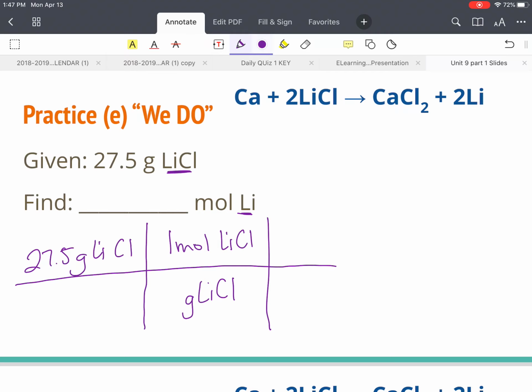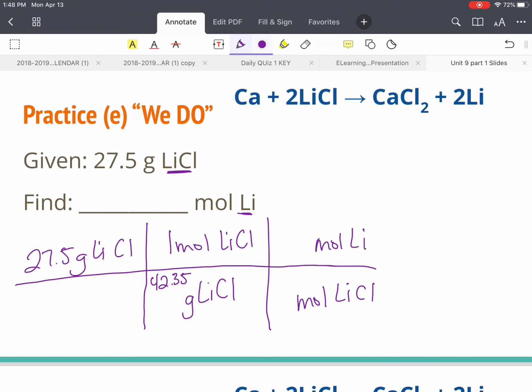Lithium is just 6.9, chlorine is 35.45. When I add those together, I get 42.35. Remember, that's how many grams are always in 1 mole. Now that I'm in moles, I can look at my mole ratio. I need lithium chloride on the bottom because that's what's on the top.